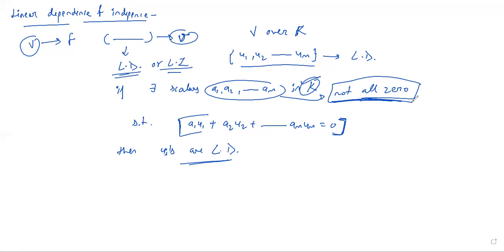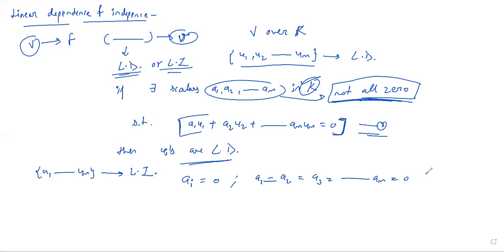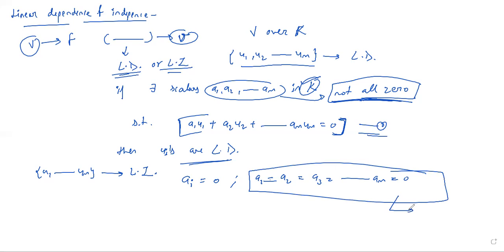And for linear independence, this set u1 to um is said to be linearly independent if and only if, in this equation, all the ai's are equal to 0, which is a1 equals a2 equals a3 equals to am equals 0. When all the ai's are equal to 0, then we say that the vectors are linearly independent.